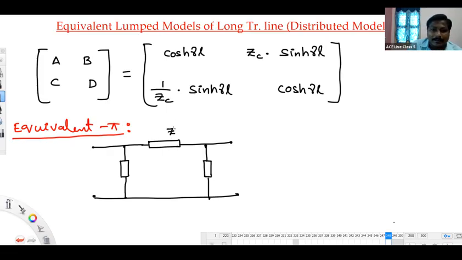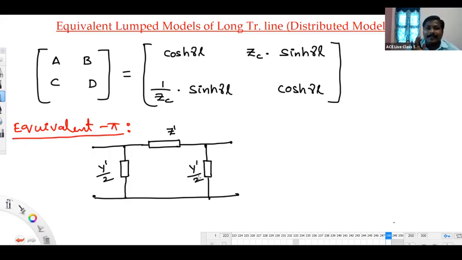Next, listen. The series element is not exactly the series impedance. I'll call it Z dash, and the shunt elements are Y dash by 2 at each end.